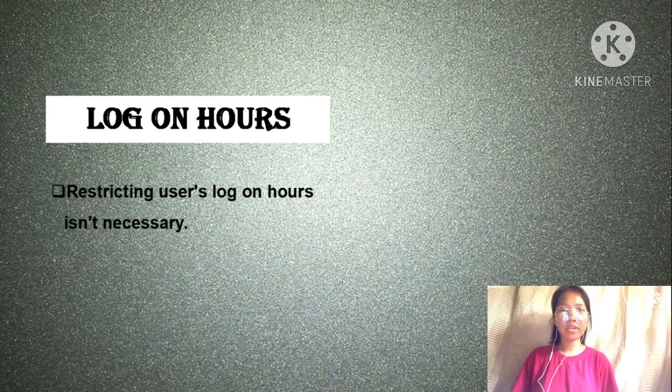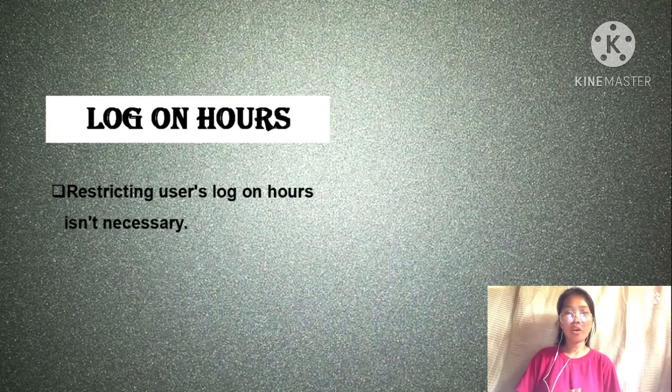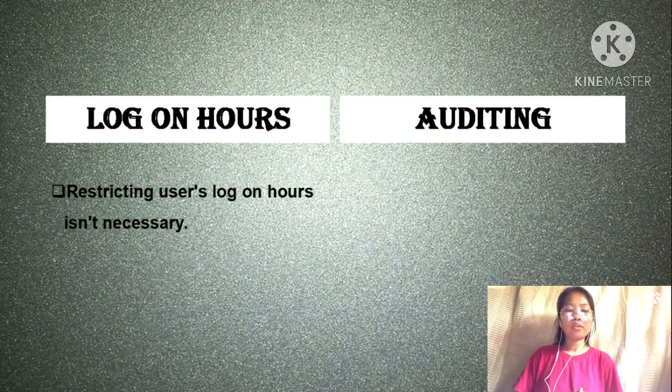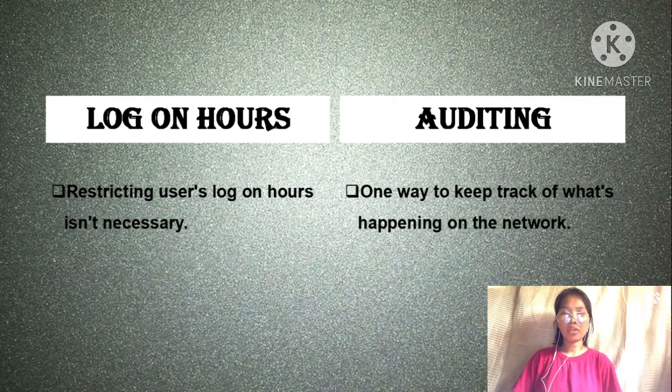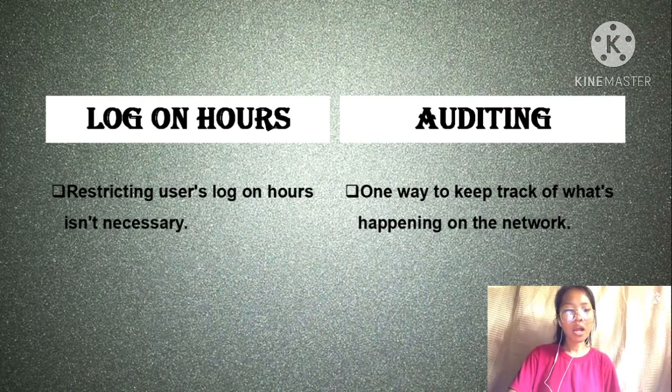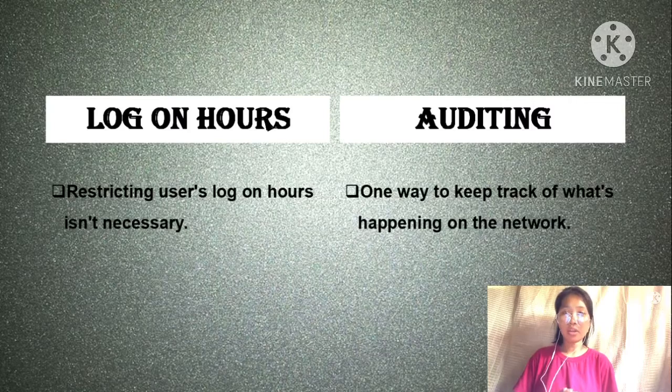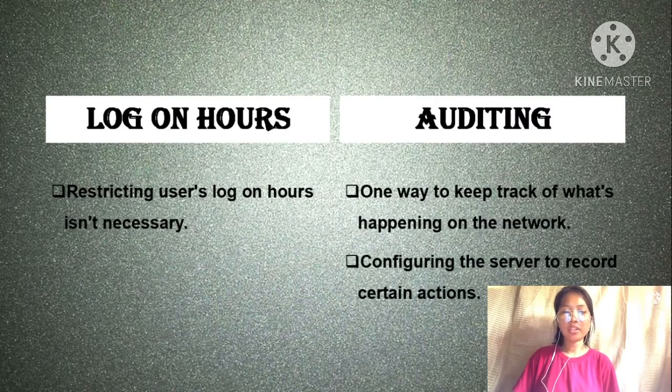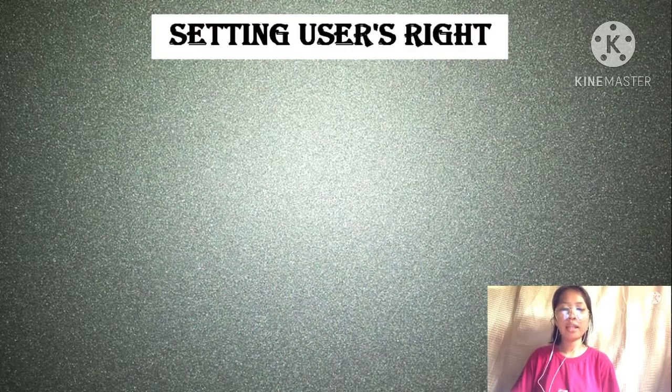You can restrict log-on hours by days of the week or hours of the day or both. One way to keep track of what's happening on the network is called auditing. It is configuring the server so that it records certain actions such as object access, changes to security information, log ons and log offs, and the like for later review.